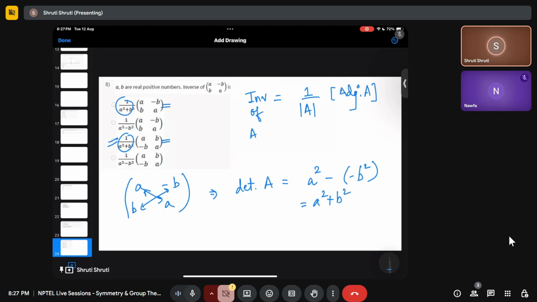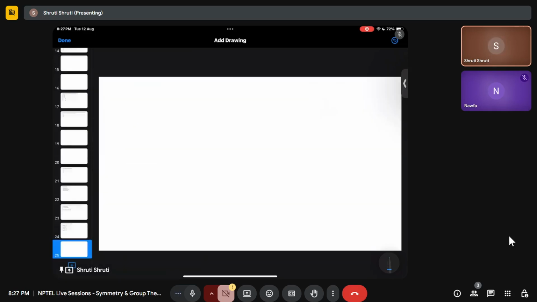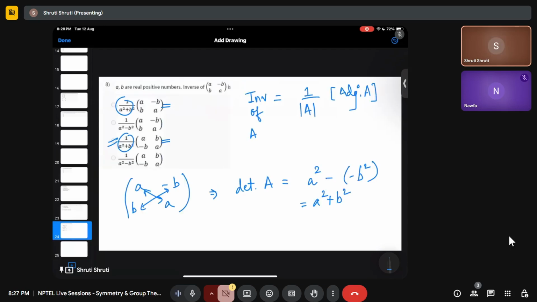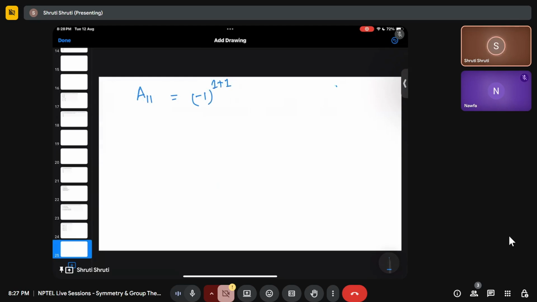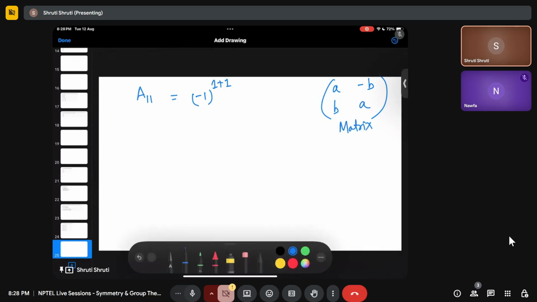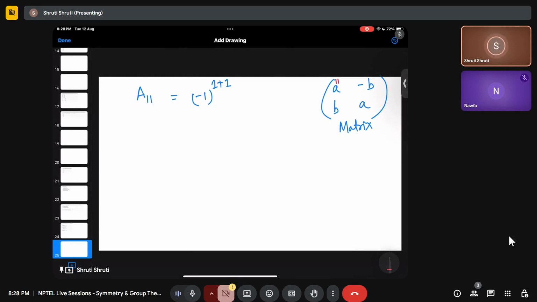This sign is different. So for adjoint, how do you do it? Adjoint is a matrix of cofactors. Now a11 will be minus 1 to the power 1 plus 1 and the element opposite to a11. So let me write the matrix given: a, minus b, b, a. This is a11, this is a12, this is a21, this is a22.